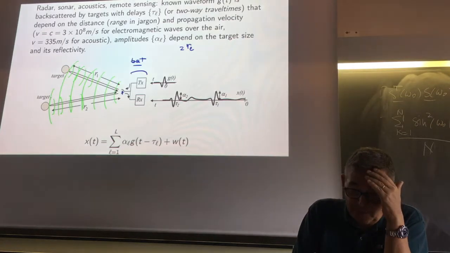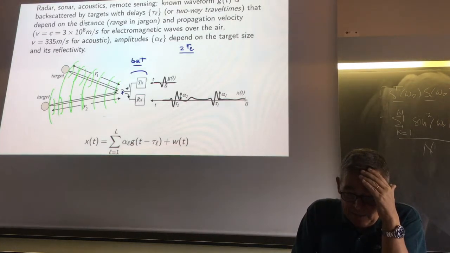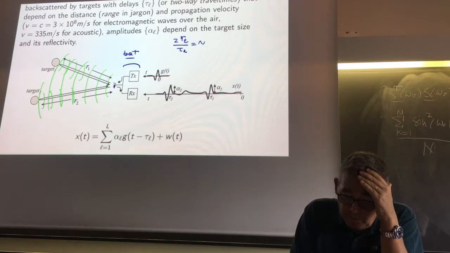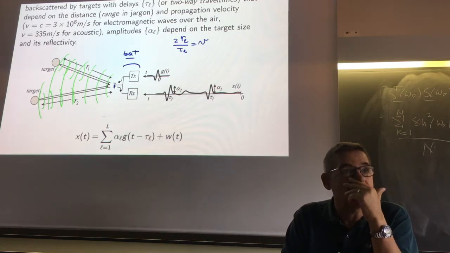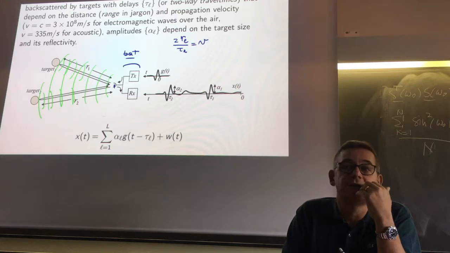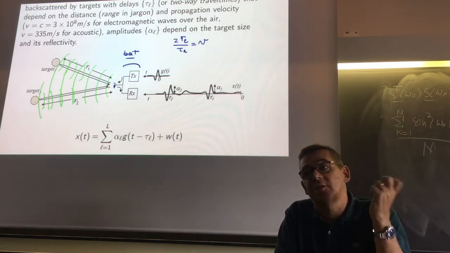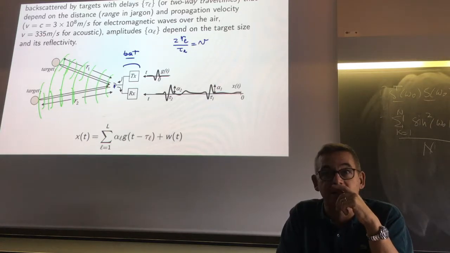So 2 times R_L divided by tau_L gives me the propagation speed, I'll call it V. Now, if it is acoustic, it's 335 meters per second. If it is electromagnetic, it is 3 times 10 to the power 8 meters per second.